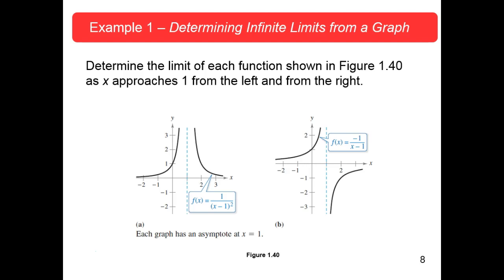But as x is approaching 1 from the left-hand side, x is getting closer and closer to 1, this thing is getting smaller and smaller and smaller, and you're squaring it, that makes it a very small positive number. And 1 over that is going to be a very large positive number.